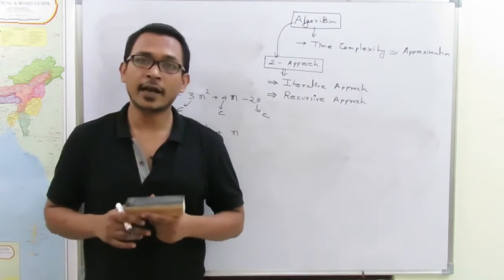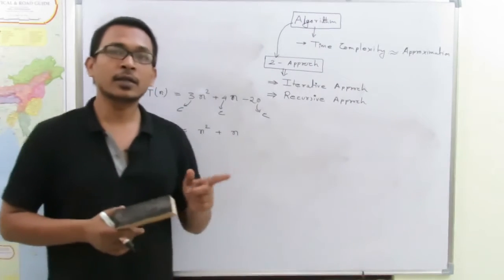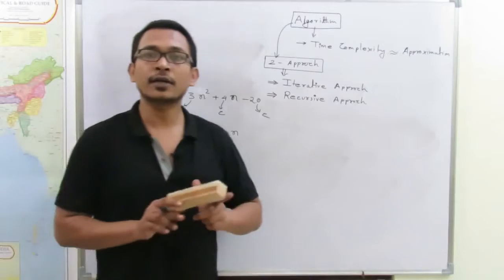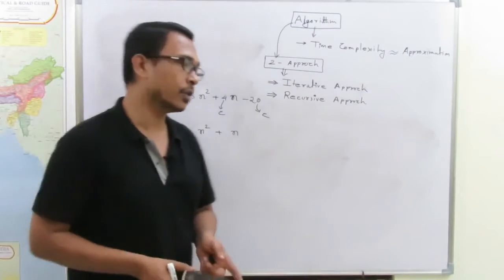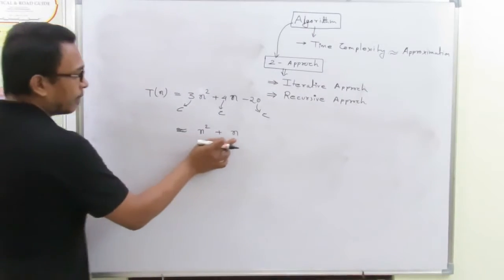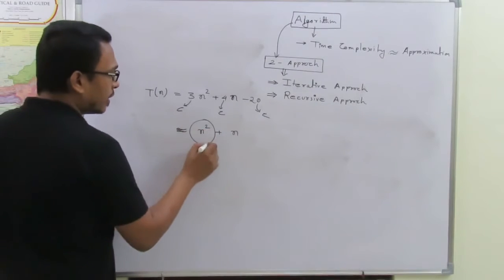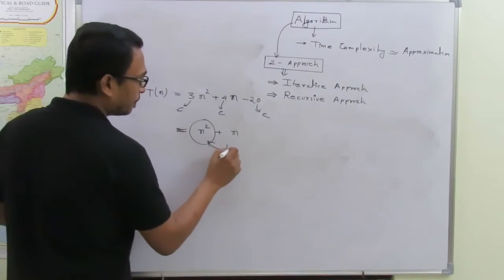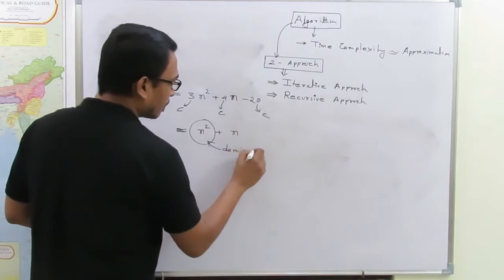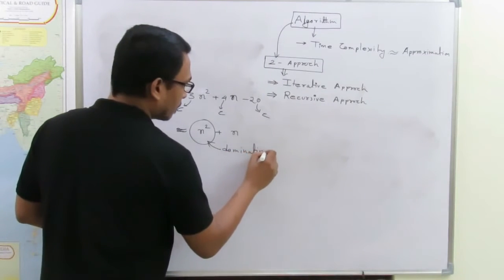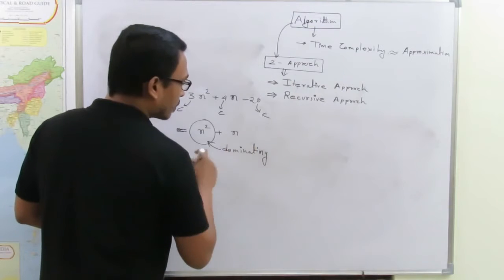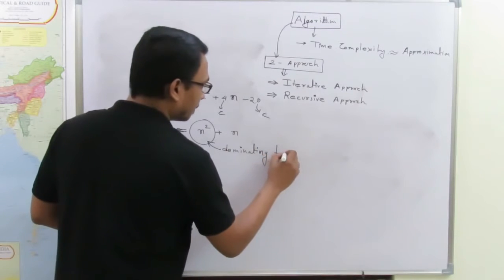The term that has the highest power will be considered for the time complexity approximation. Now look here, among these two terms, which one is the dominating term? n square is the dominating term.